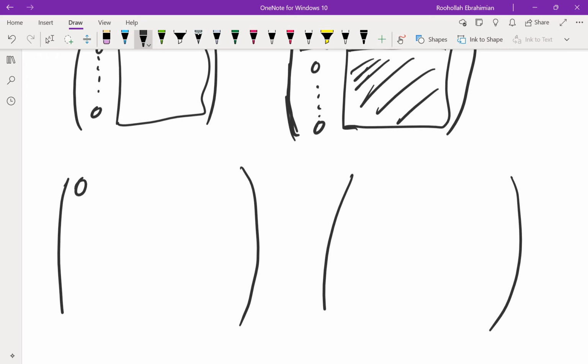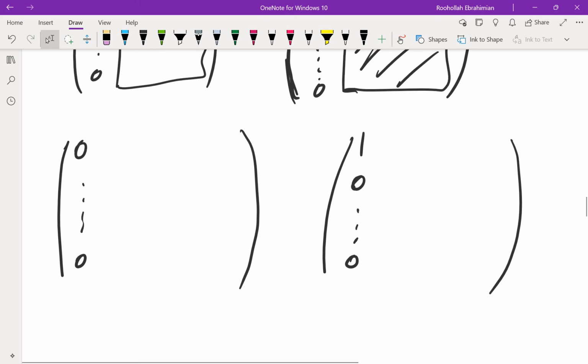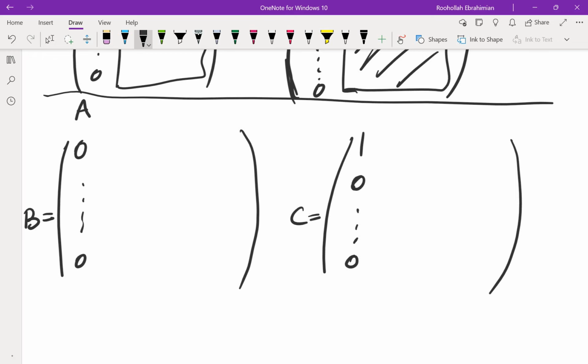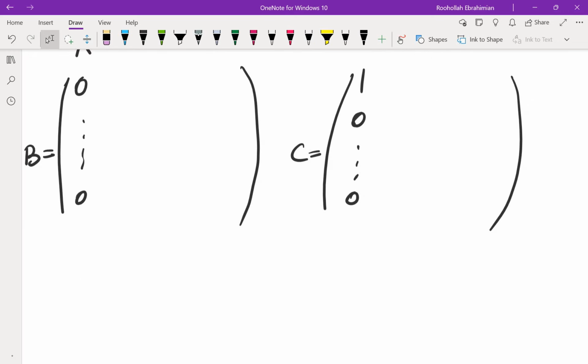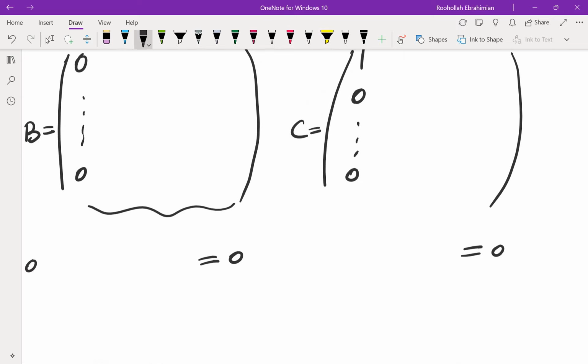Because if the first column of this one is all 0, but the first column of this one is 1, 0, 0, well, that would be problematic. Let's say you start from a matrix A and you get to B and C. Both of these are reduced echelon forms for matrix A. Then, if you consider a system of equations with coefficients from B and constants equal to 0, the first equation for B would be 0 times x1 plus etc. equals 0.